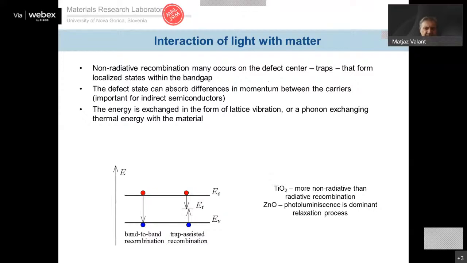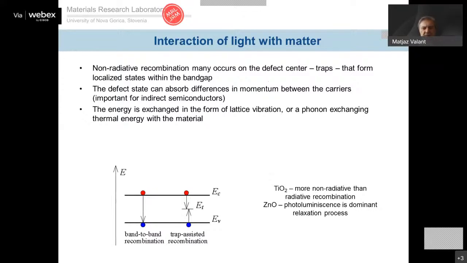The defects will certainly reduce, well, not in all cases. In some cases they can also increase the lifetime of the exciton, but in the majority they will reduce the efficiency of the excitation process, or let's say better, the efficiency of the overall photocatalytic process.